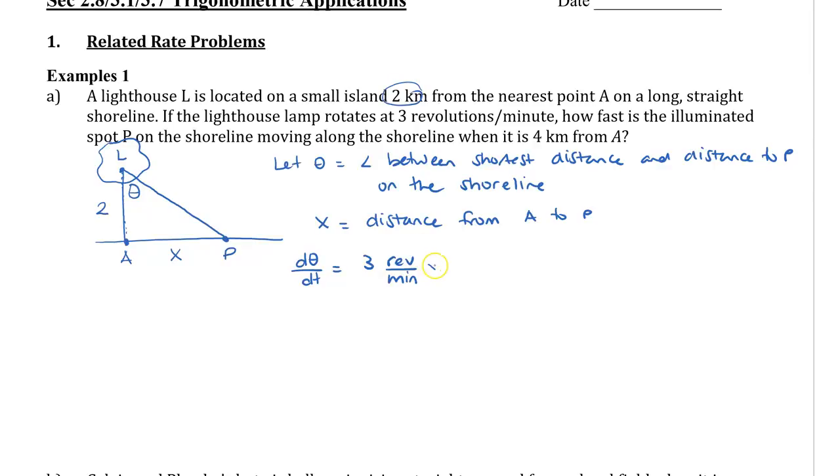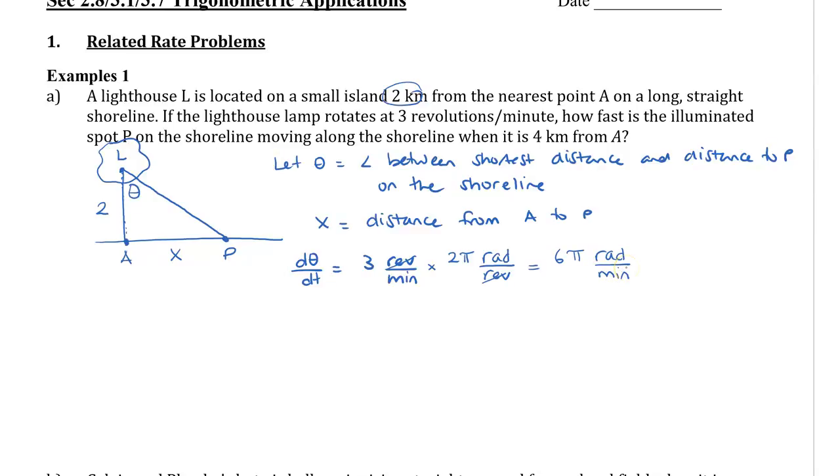So we're going to multiply this by 2 pi radians per revolution. That means in one full circle, it rotates an angle of 2 pi. When we multiply this, our revolutions will cross off. So now we have 6 pi radians per minute.